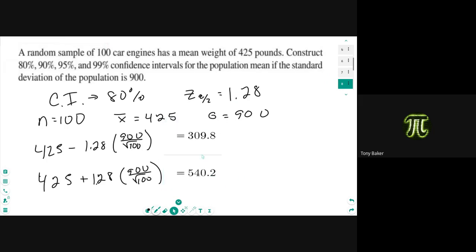Doing those calculations, these are the two numbers you should get. So what that means is that I am 80% confident that the actual mean of all engines is somewhere between 309.8 and 450.2 pounds.